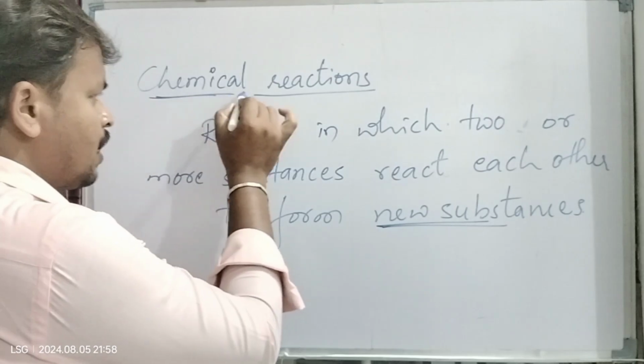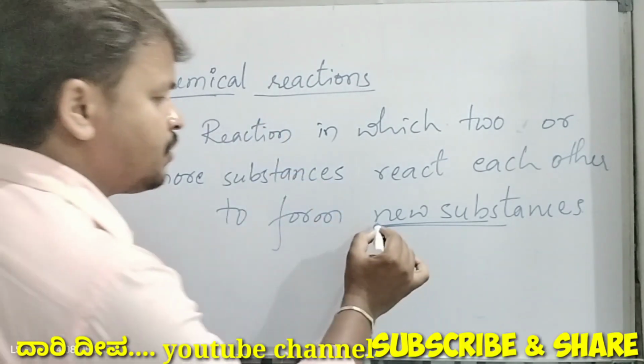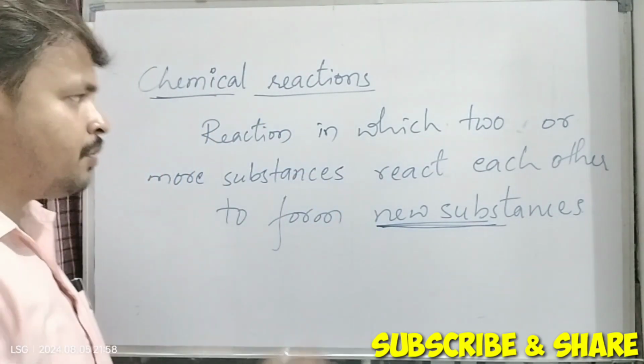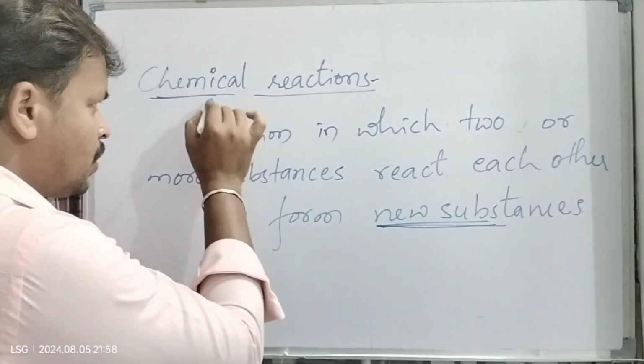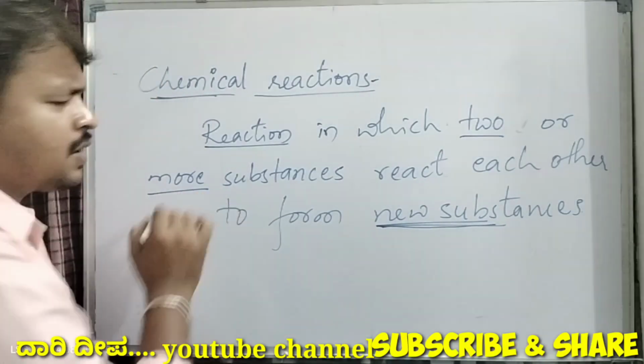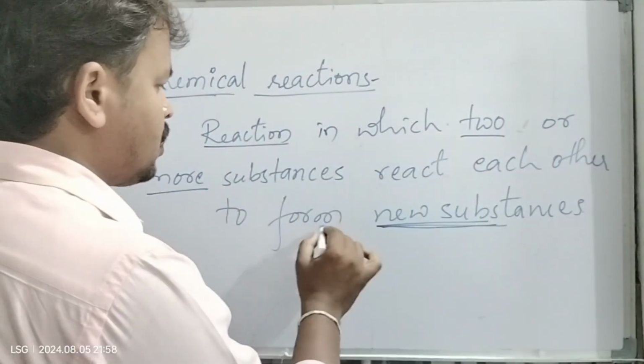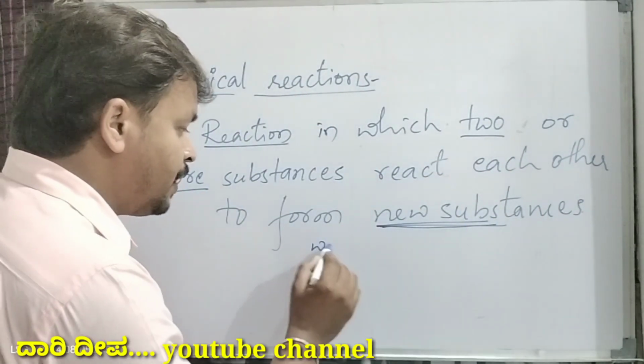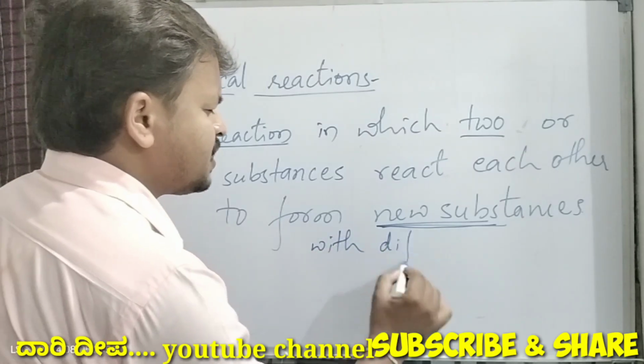So what I said is that during the chemical change new substances are produced because of chemical reaction. What is chemical reaction? It is a reaction in which two or more substances react with each other to form new substances with different properties.